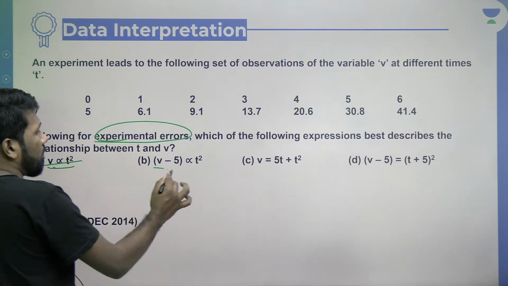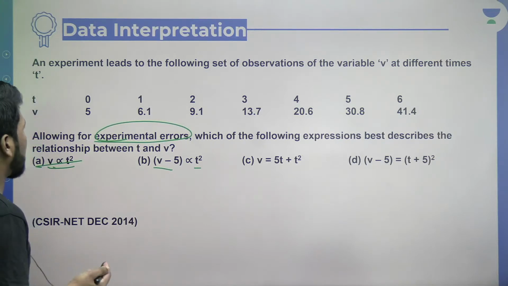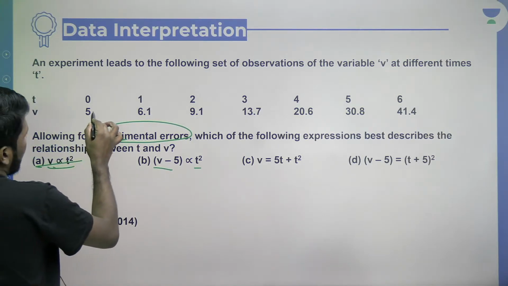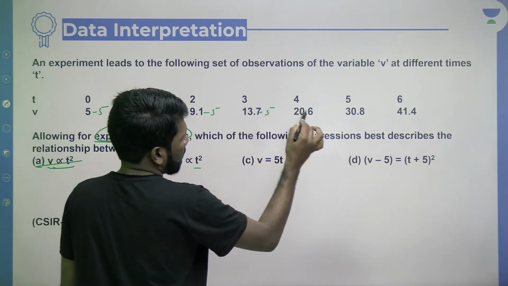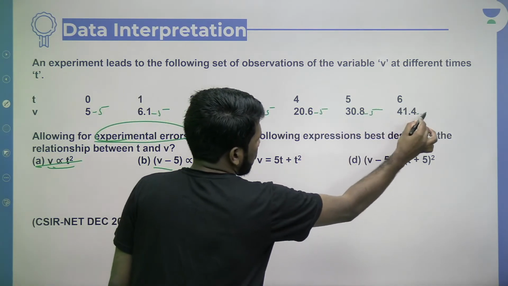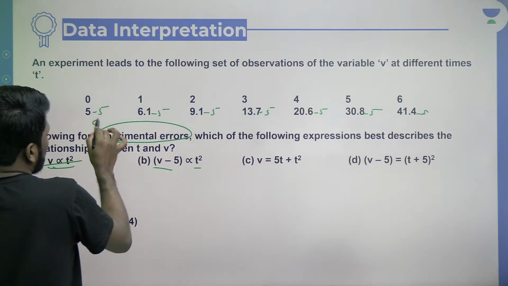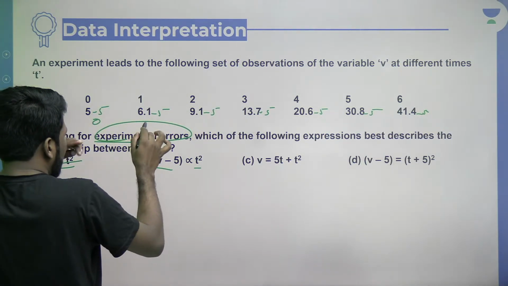But v minus 5 and t square, yes, there is a relation. How? If you subtract 5 from each of these values, what are you going to get? You will get 0, and 6.1 minus 5 is 1.1.